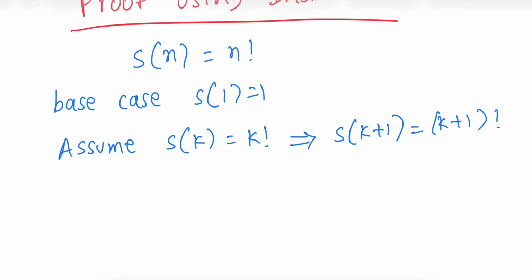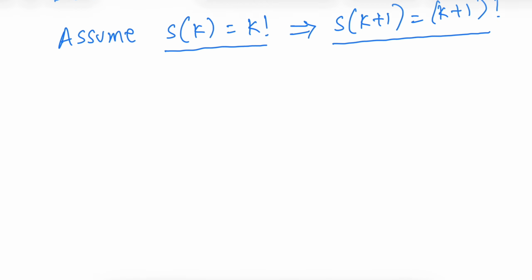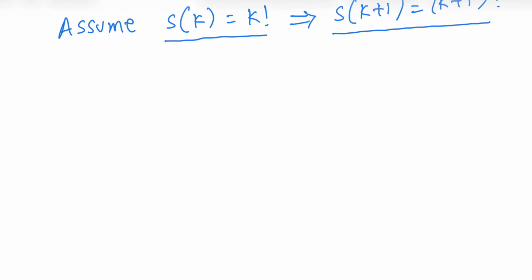We saw that the base case is true. Let's prove that if it is true for some number k, and we can prove that it is also true for k+1, then we would have proven it for all possible n using induction, right?